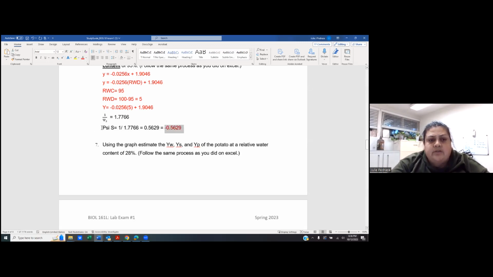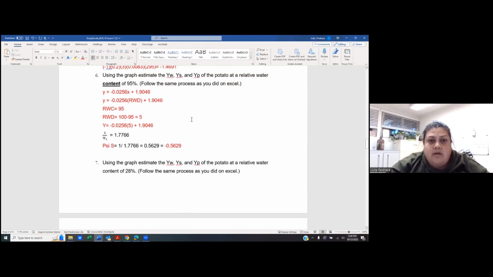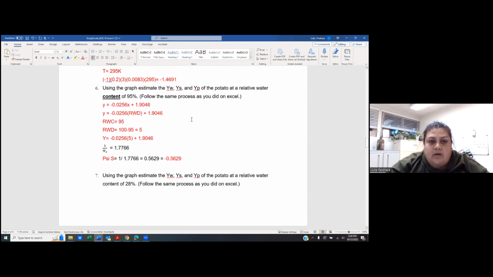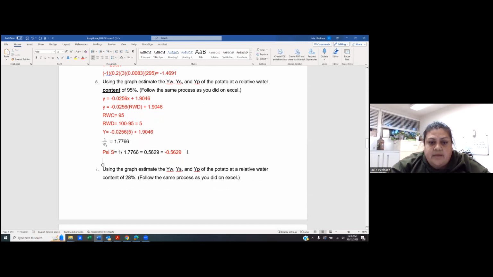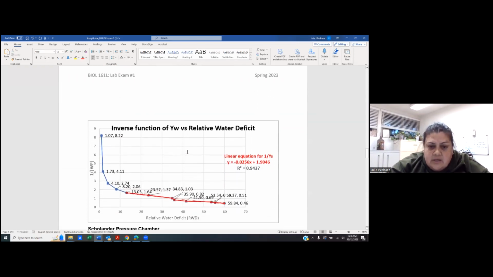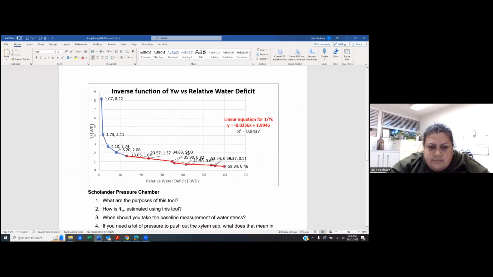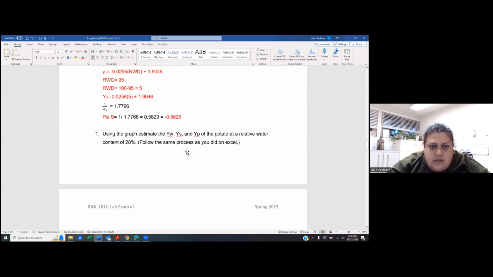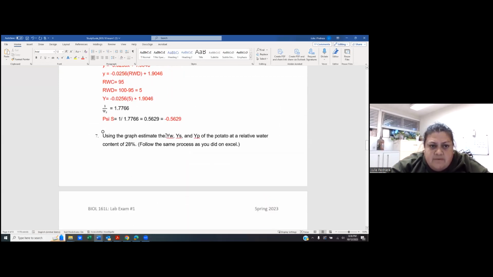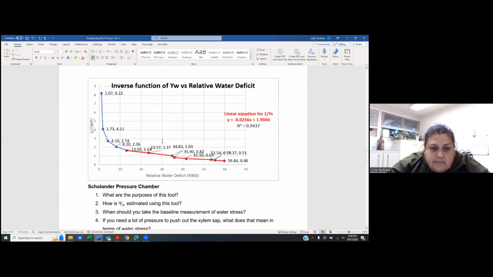Okay. So you answered part of the question because you answered psi s. Now you're going to go back and go, okay, if psi s is 0.56, you're going to go to the graph. Actually, you're going to look at relative water deficit, which is 5. And 5 is here.